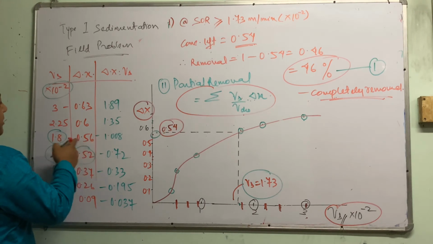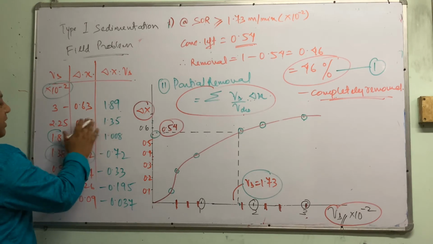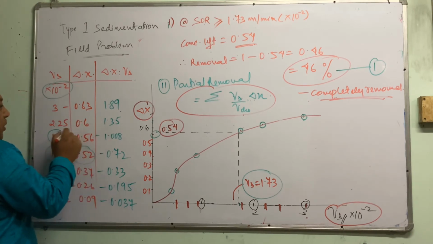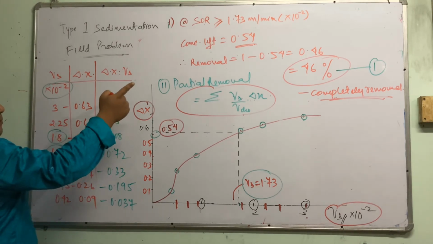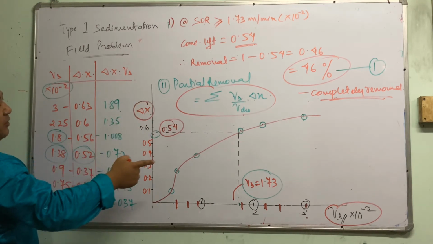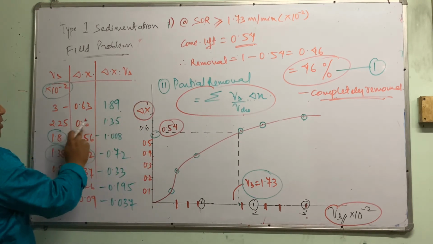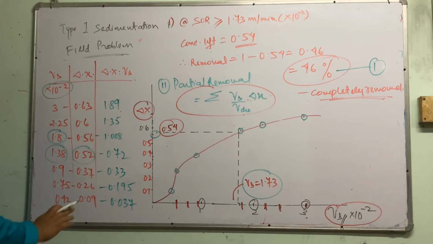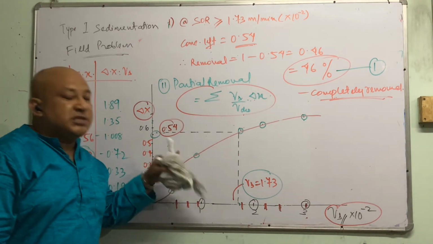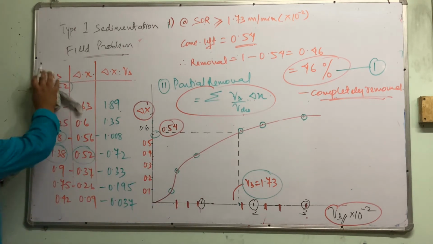Since this part is 0.6, we cannot estimate from here because we don't know where the settling velocity of 1.73 lies over here. We have no idea, right? So we are going to estimate everything from this graph. So this value can now be removed.